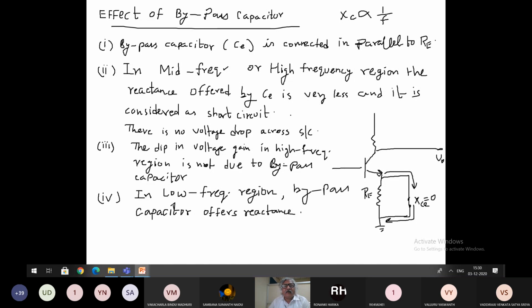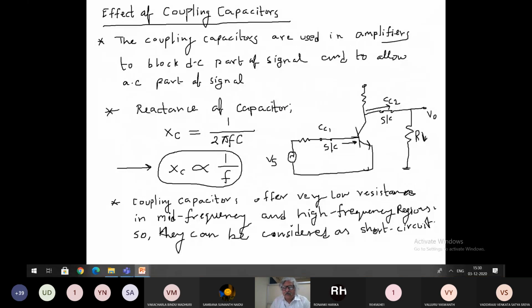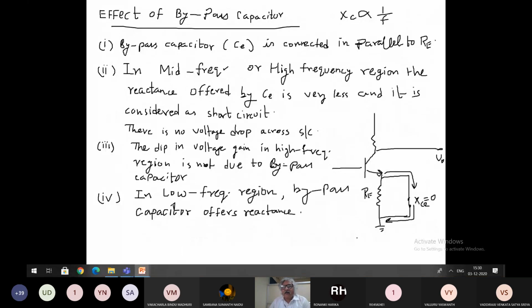This figure I call figure 1, which is for the previous case. Now it offers a resistance, so the figure will look like this.